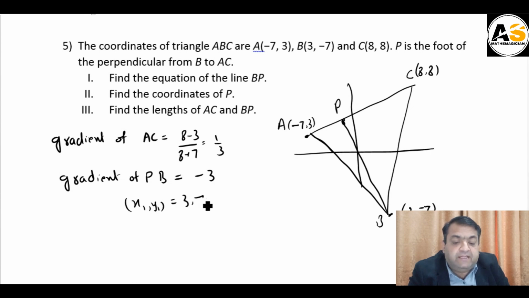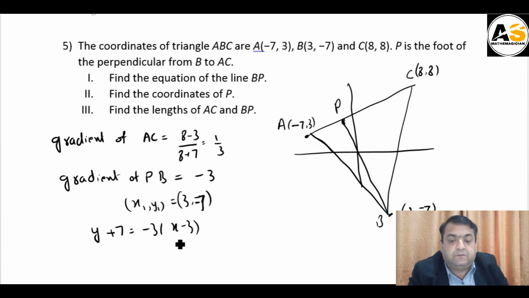So I am finding the equation of PB by gradient point form. y minus y1 is equal to m into x minus x1. y plus 7 equals minus 3 into x minus 3, so 3x plus y is equal to 2.